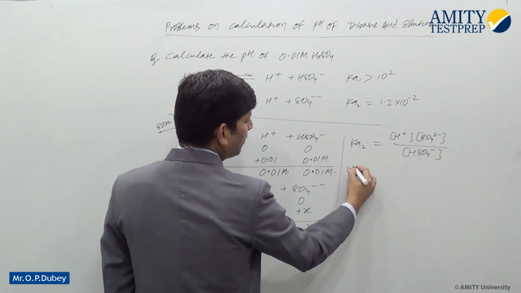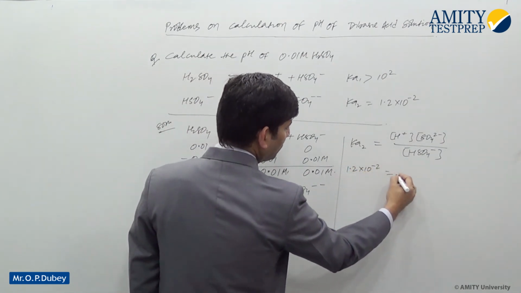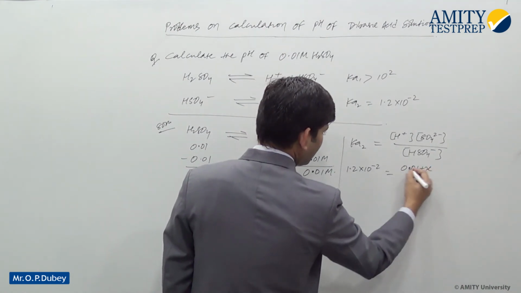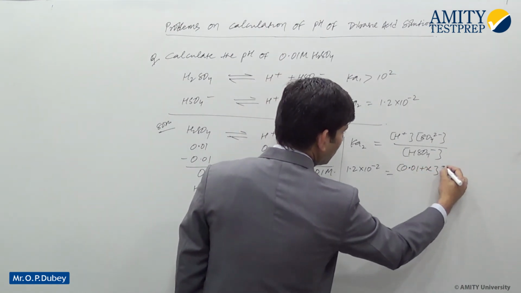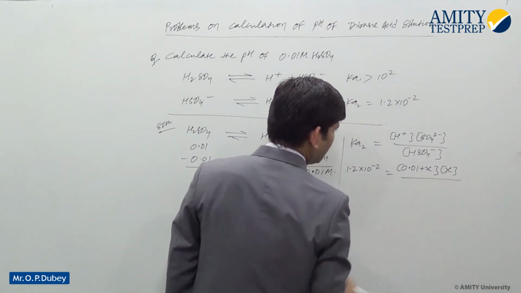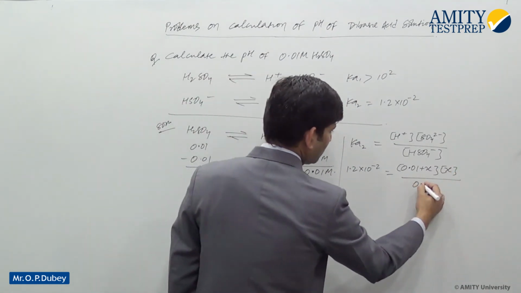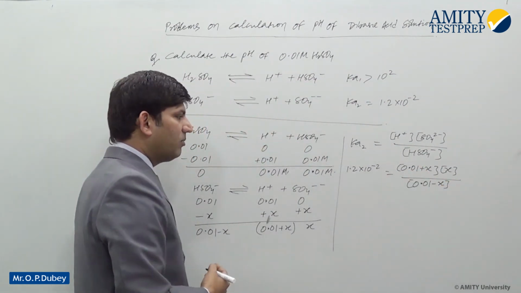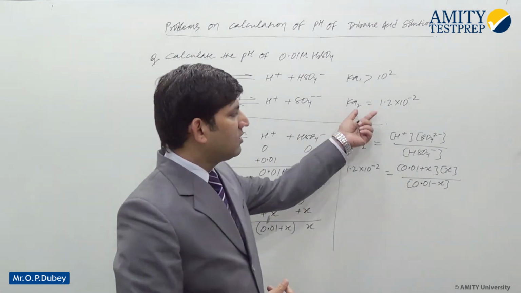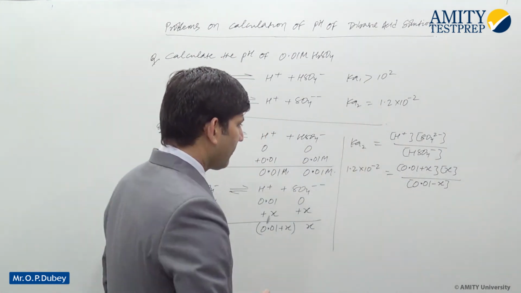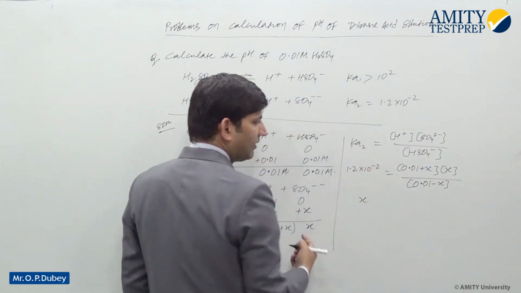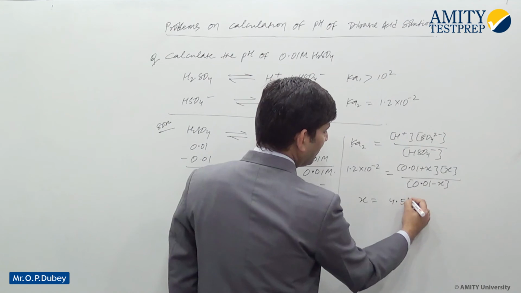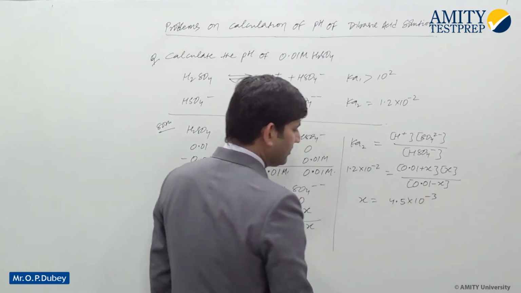The K value is 1.2 multiplied by 10 to the power minus 2, and the H plus ion concentration is 0.01 plus X, the SO4 2 minus concentration is X, and the HSO4 minus concentration is 0.01 minus X. In this case, X cannot be neglected because the dissociation constant is not much smaller. Calculating X, the value of X comes to 4.5 multiplied by 10 raised to the power minus 3.